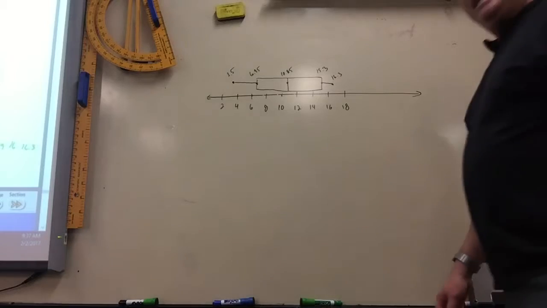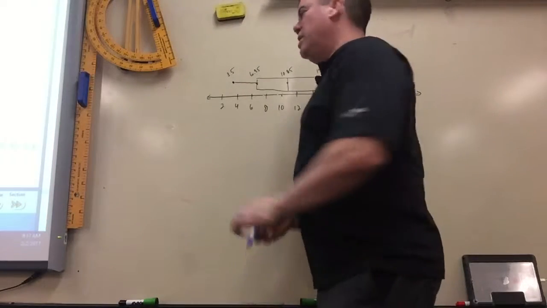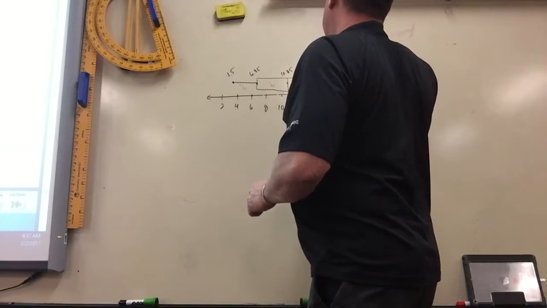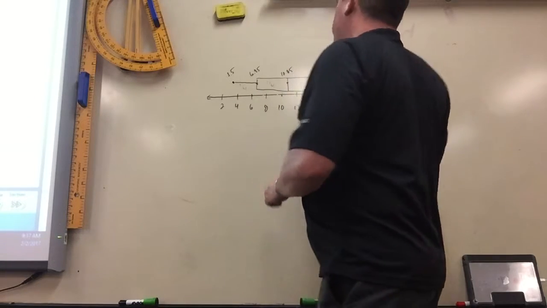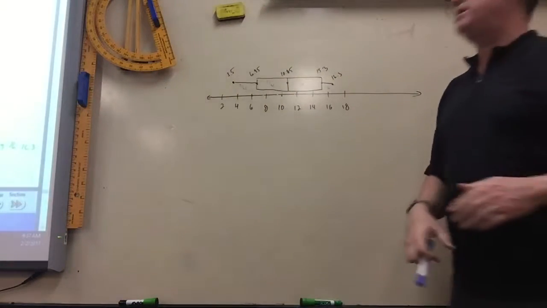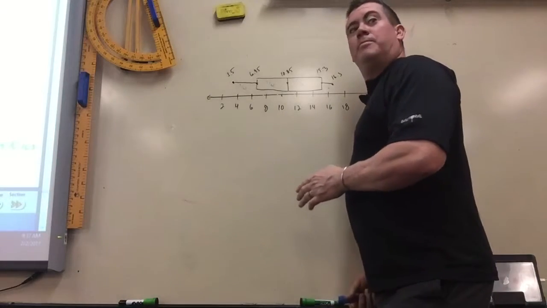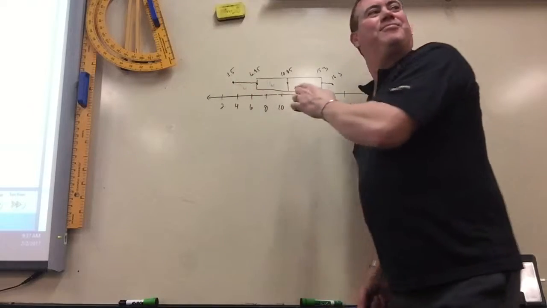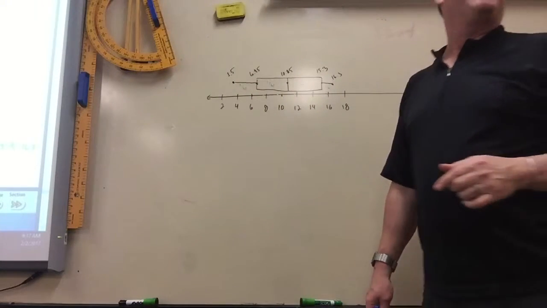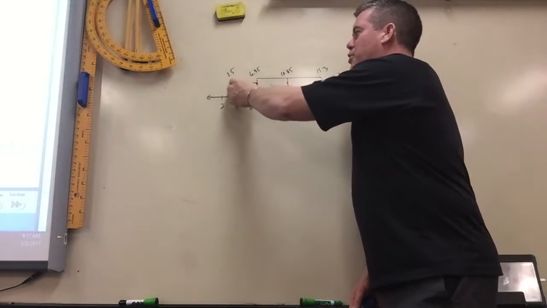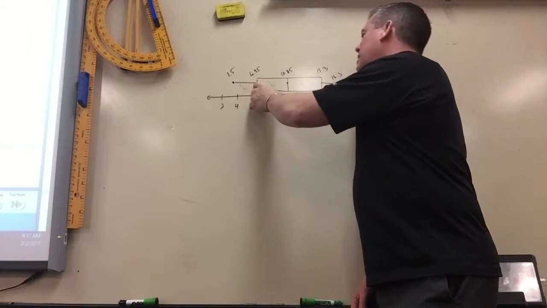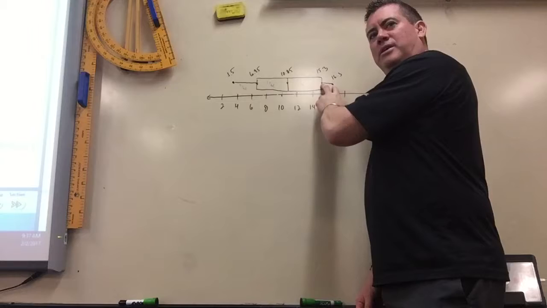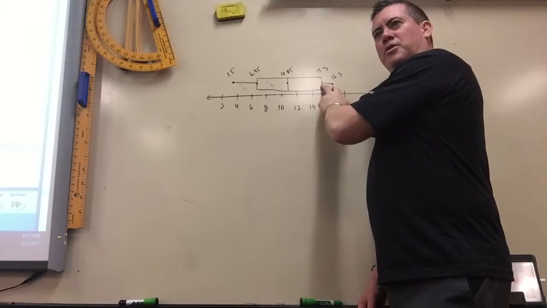So remember when they ask questions about these, each one of these is 1/4. So remember, if they ask you to compare the number of temperatures that are from 3.5 to 6.95, how does that compare to the number of temperatures from 15.3 to 16.3? How do they compare?